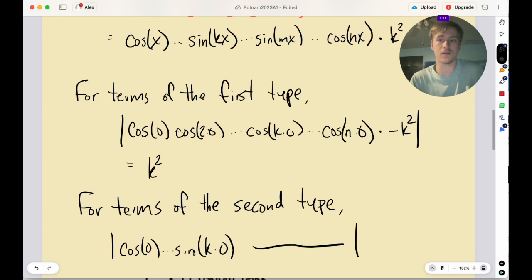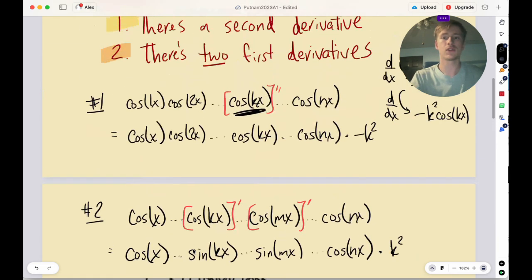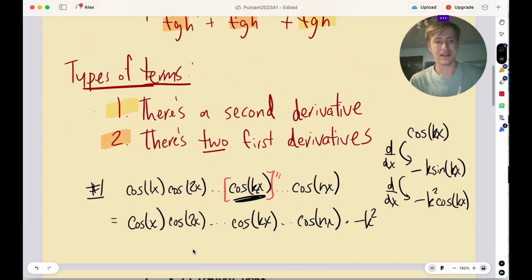Because sine of 0 is 0, which means this whole thing just evaluates to 0. It doesn't really matter what else I have. Therefore, I can exclude term 2, and I only care about things where each of the n functions has a second derivative, and all the rest are 1s.